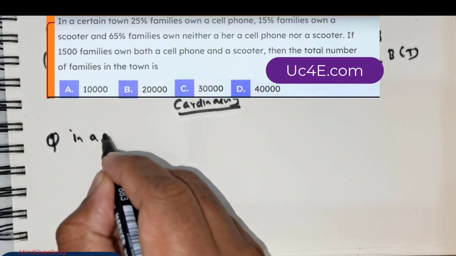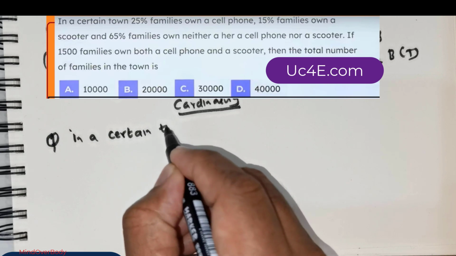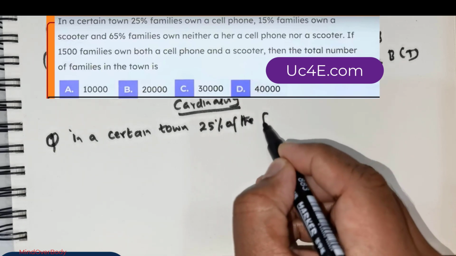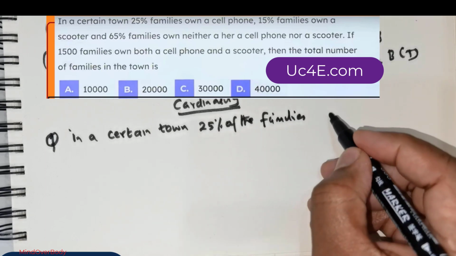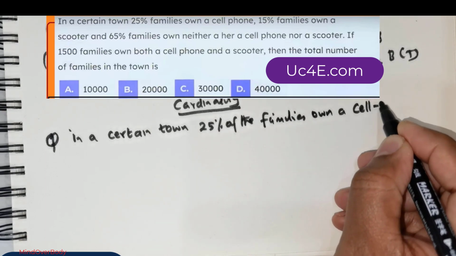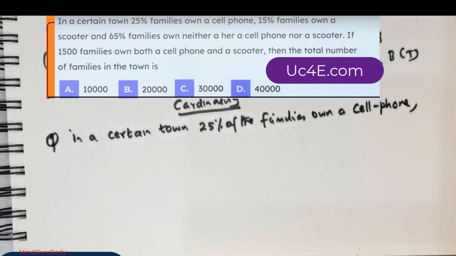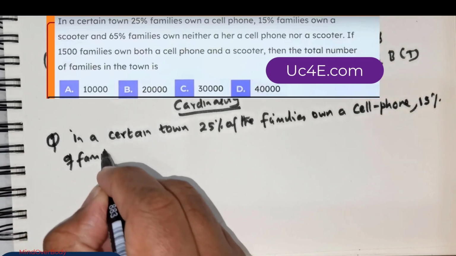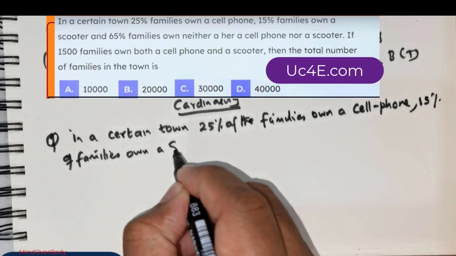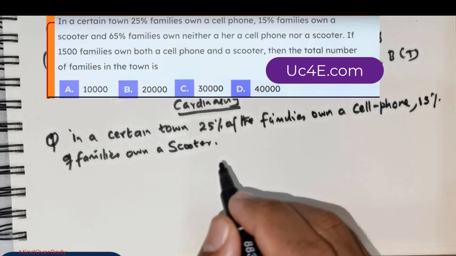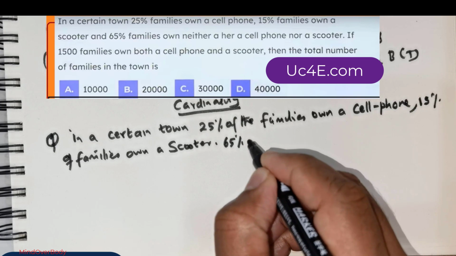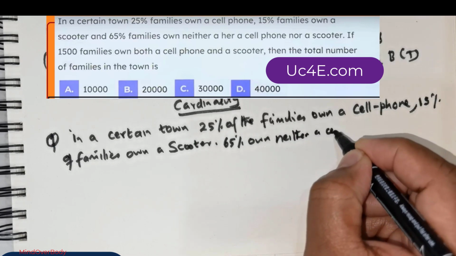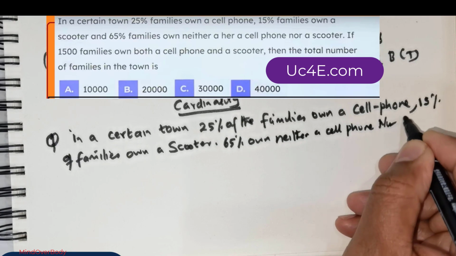The question is as follows: in a certain town, 25% of the families own a cell phone. 15% of the families own a scooter. 65% own nothing, neither a cell phone nor scooter, right?